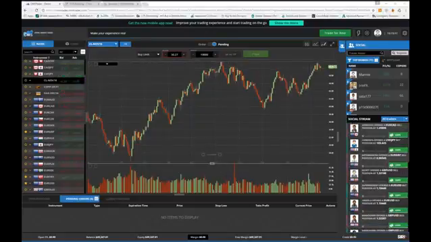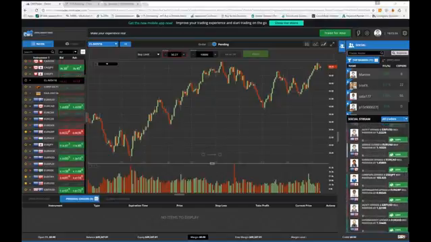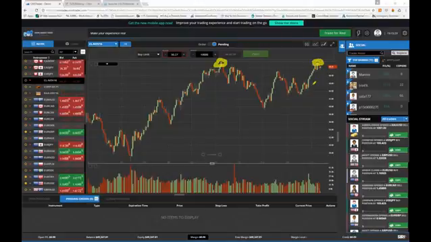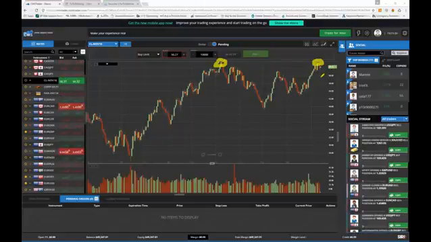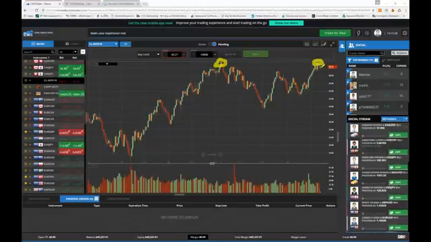Let me see if I can bring up a drawing pen that I can highlight it to you guys. All right, so we have this top right here, and we got this top right here. Now this is what's called a double top. Usually a double top should do a pullback, as it's currently doing right now in the market.